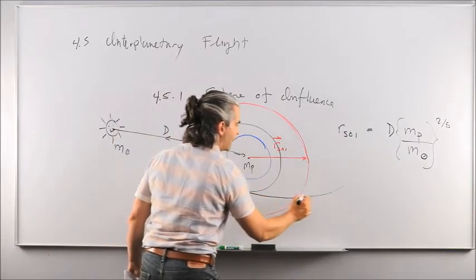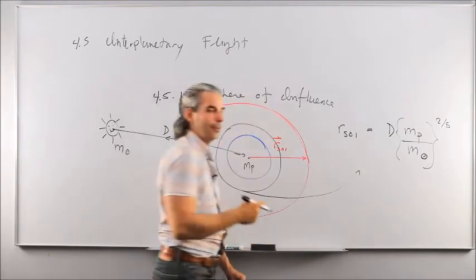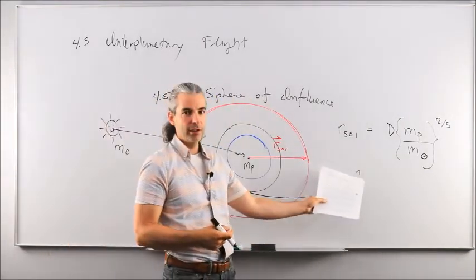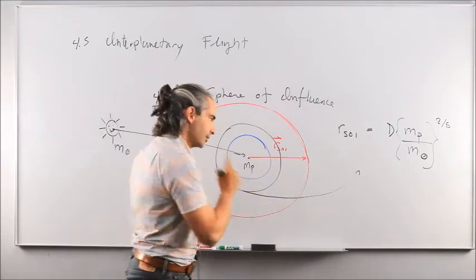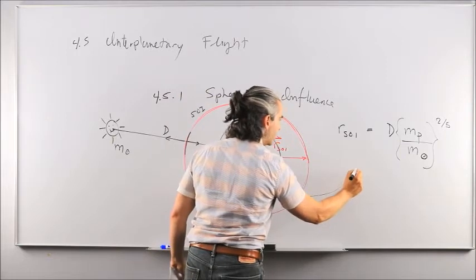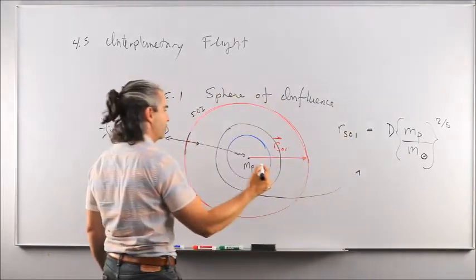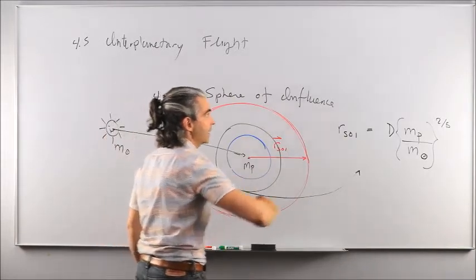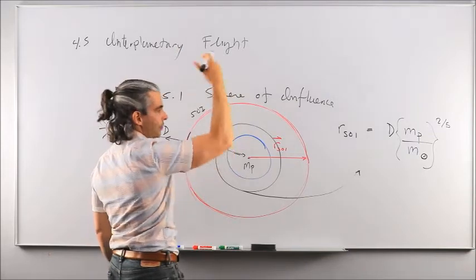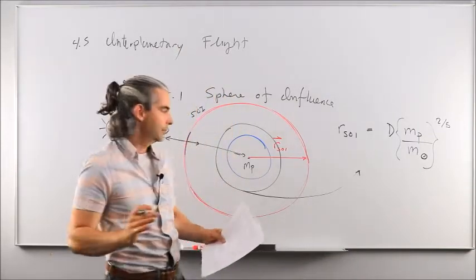So we're going to go past its sphere of influence, and what we want is some net residual velocity, because we don't want to end up at zero velocity and be standing still. So the objective is to get a hyperbolic excess speed large enough to kick ourselves into a big elliptical transfer orbit between planet 1 and planet 2, and then reach planet 2 just by coasting without applying any further delta V maneuver.